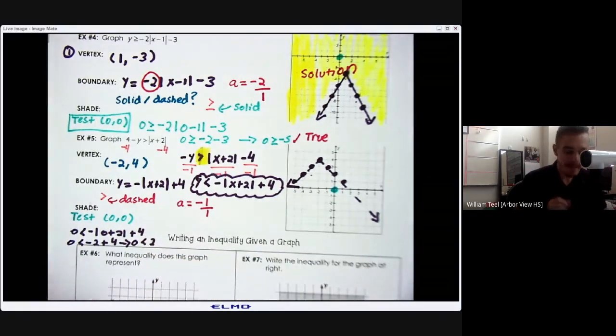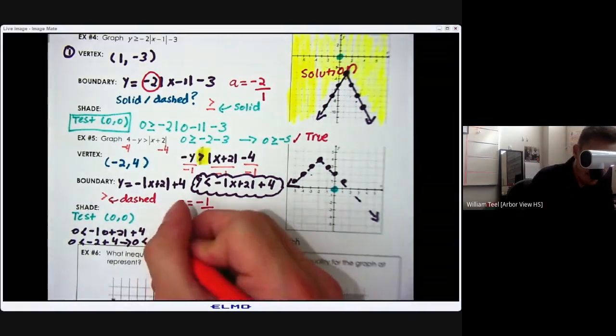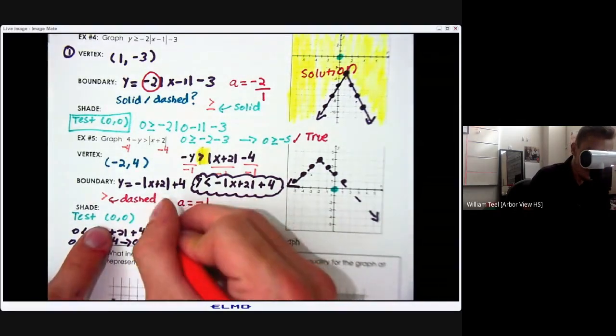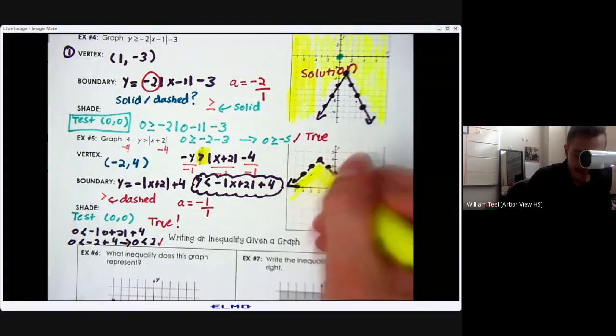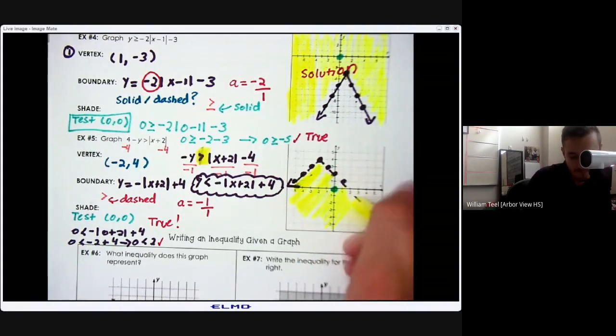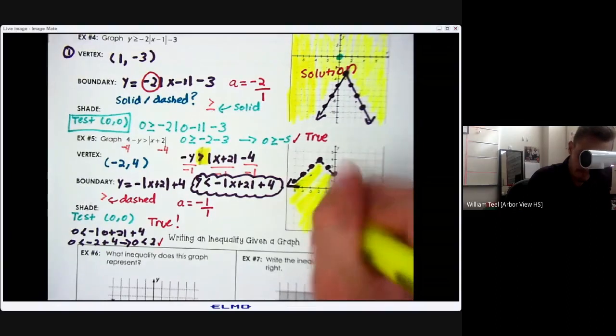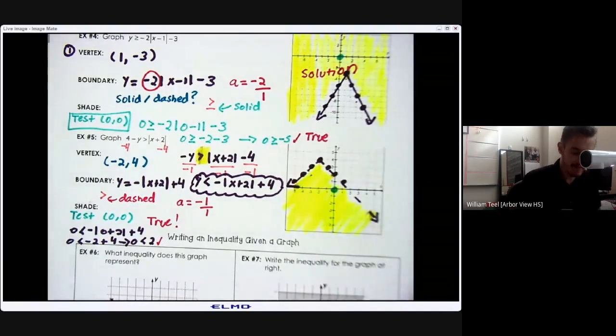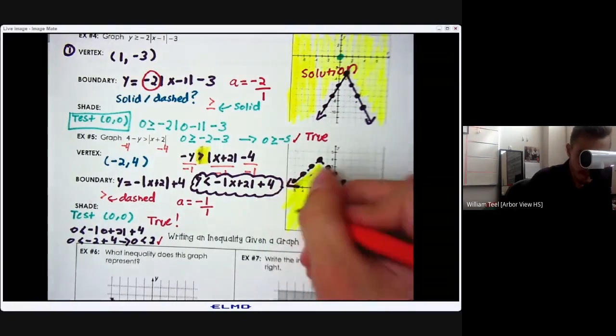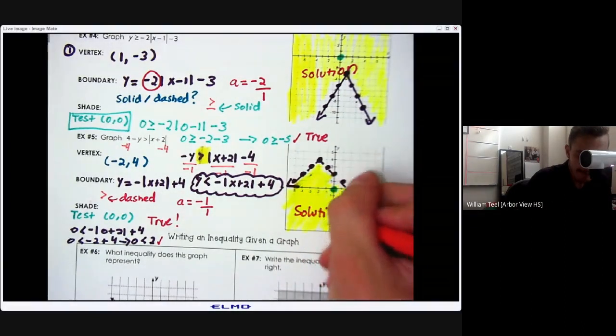Is that a true statement? Why, yes, that is a true statement. So that means this is true. So I'm going to include 0, 0 inside of the solution set. All right, so this is going to be the solution of our inequality.